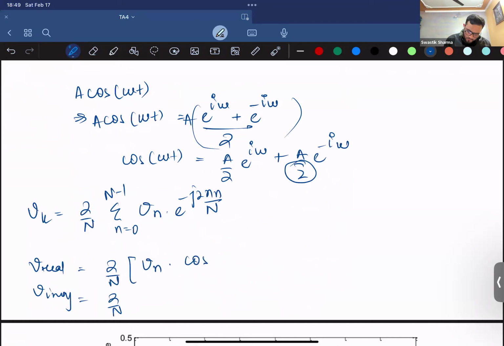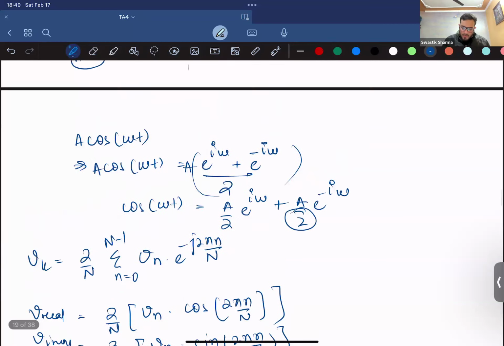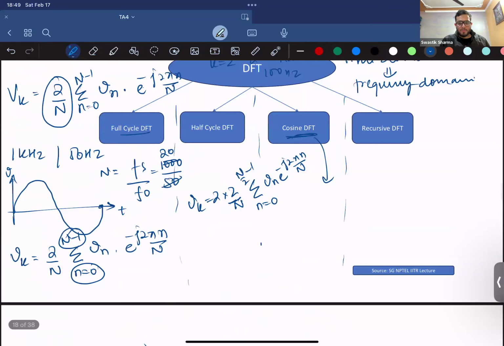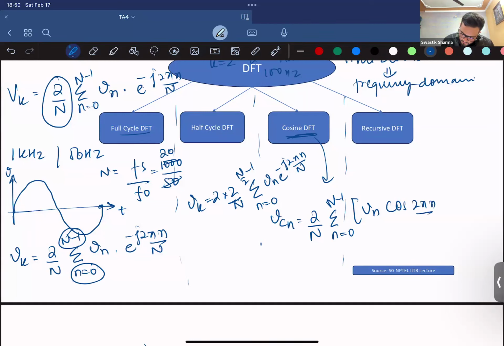You have Vn cos of 2 pi n by N. And here the imaginary one will be associated with the sine one, 2 pi n by N. Right. Now, with cosine DFT, what you want to do is calculate only the cosine function, right? So you have the cosine function, which is represented by Vcn, cos 2 pi n by N.